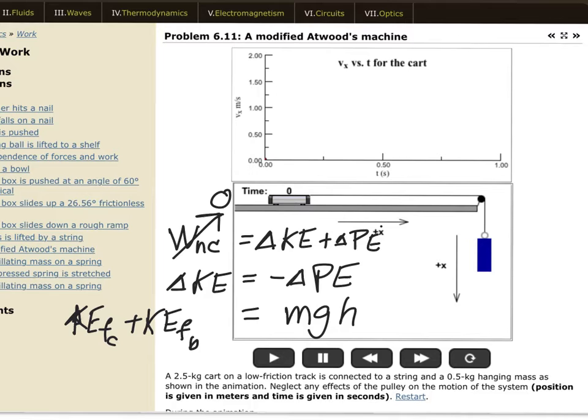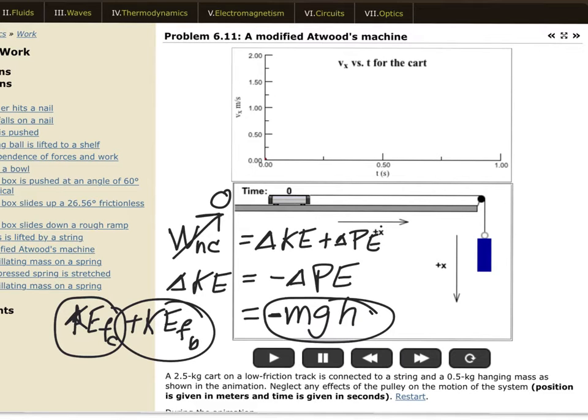And the masses are given, and the velocity you can get off the graph. So the total energy, and this is negative, right? Because the delta h is negative. This becomes a positive quantity, and it's split between these two things, calculated from the velocities.